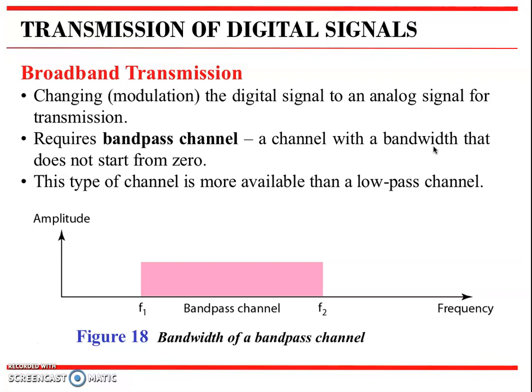So what we are trying to say here is if we have any digital signal and we want to use band pass channel, we need to convert to analog signal dulu, baru kita boleh transmit to the receiver using this band pass channel.